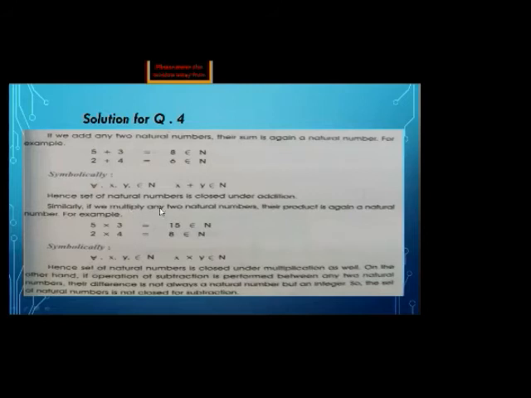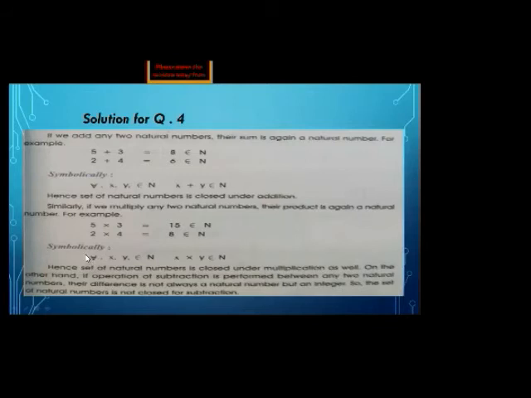Similarly, if we multiply any two natural numbers, their product is again a natural number. For example, 5 multiplied by 3. 5 and 3 are natural numbers. When we multiply them, we get the answer 15. 15 is also a natural number. Another example, 2 multiplied by 4. 2 and 4 are natural numbers. When we multiply them, we get the answer 8. 8 is also a natural number.